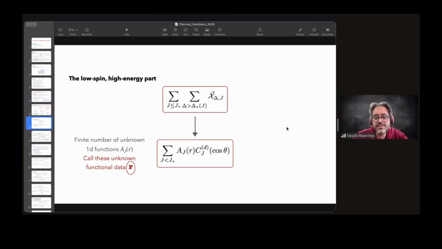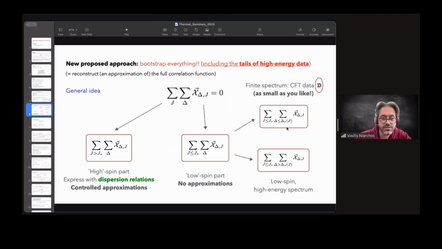In principle, it doesn't influence the final outcome. Some aspects of this are going to start influencing the outcome once I do some approximations. You will see exactly what happens later on in examples.